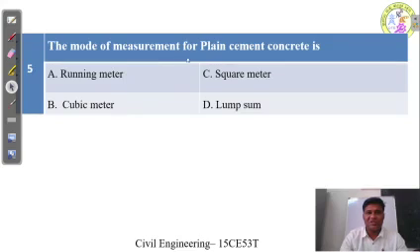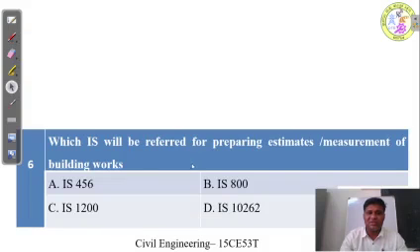The mode of measurement for plain cement concrete, for PCC bed, is A, running meter, B, cubic meter, C, square meter, or D, lump sum. The right answer is B, cubic meters, because the depth is 150 mm, so it will be considered in cubic meters. Which IS will be referred for preparing estimates or measurement of building works?